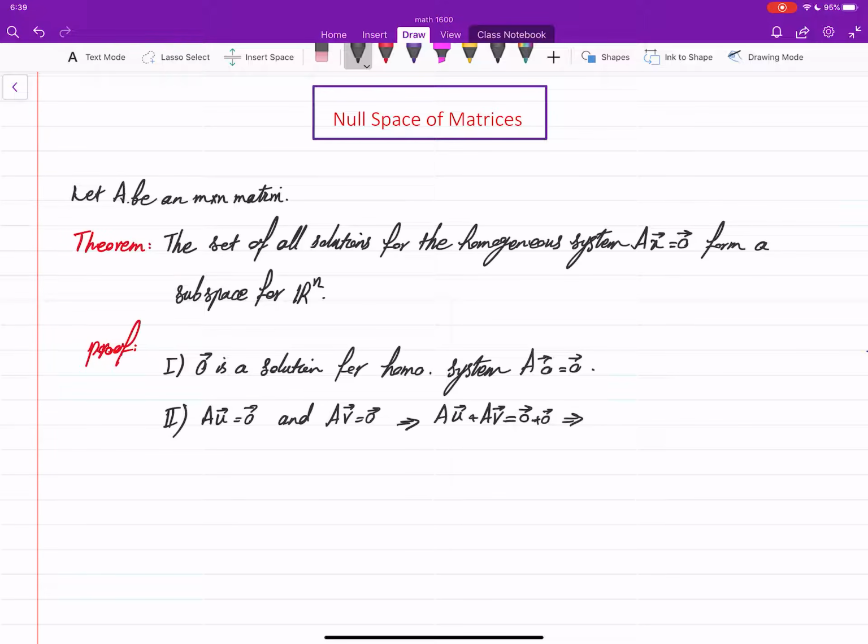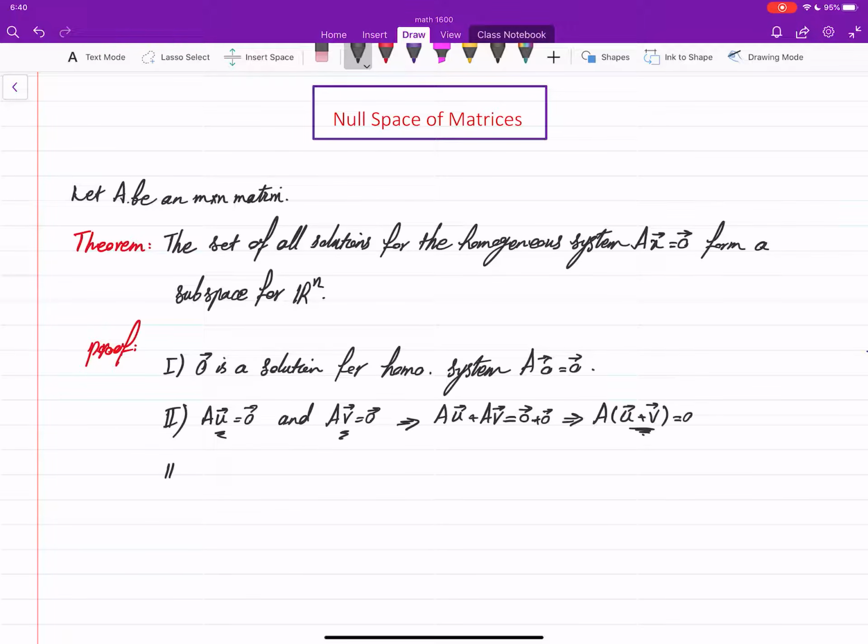That means I can apply the fact that matrix multiplication is distributive over matrix addition. What we showed is that if u and v are in this set of solutions, u plus v is also in the set of all solutions.